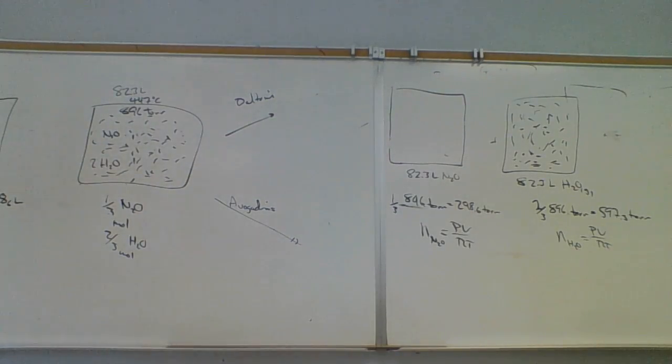So what that means is this. Well, what's the pressure? If I have 24.43 liters of nitrous oxide, what is the pressure of this? What ATM? Not what ATM. 896 torr.